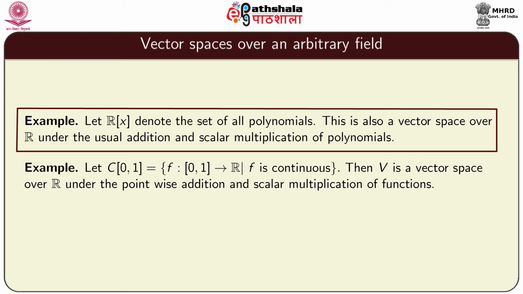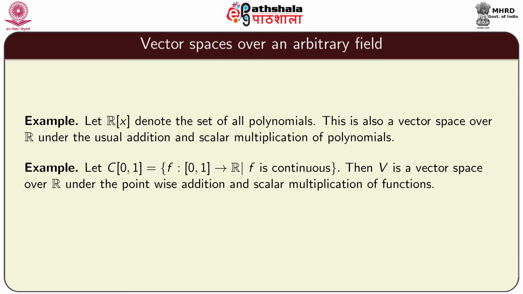But here we have absolutely no restriction on the polynomial, except that the coefficients are coming from R. So, it is the collection of all polynomials, means there is no restriction on degree as well. Here again we define the addition and scalar multiplication in the usual way, and then R[x] is again a vector space over the field of real numbers, and it is clear that R[x] contains all these Rn[x]'s as subsets for sure.